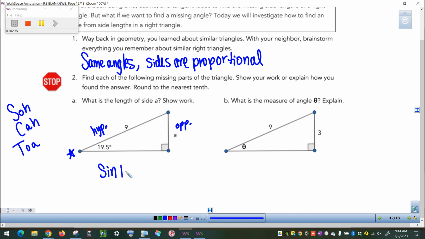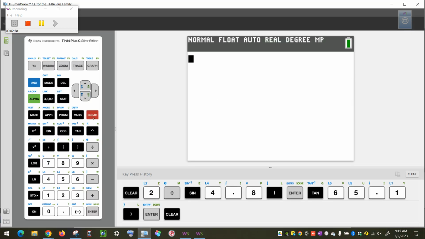And so let's fill in our angle here. So the sine of 19.5 degrees is equal to A over 9. This is the easier version of solving this kind of trig equation because our variable is in the numerator. So all we have to do here is multiply both sides by 9. And then we can go to our calculator here.